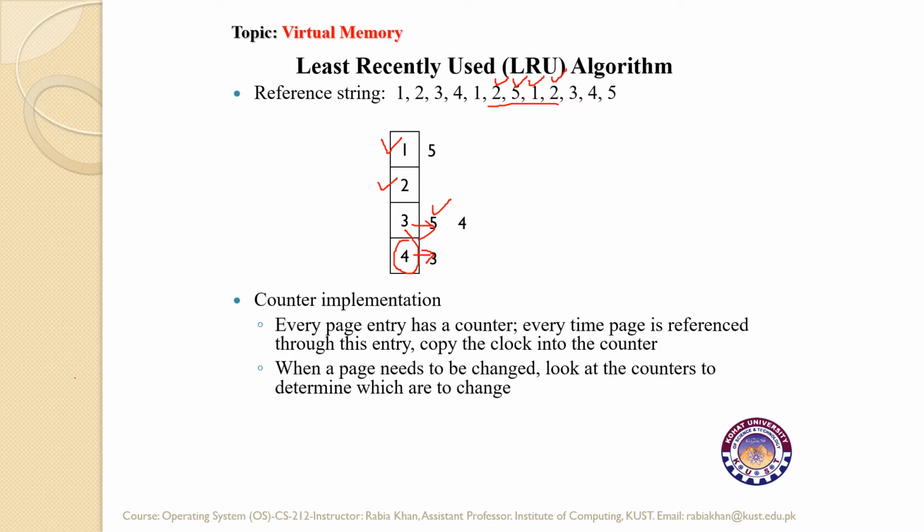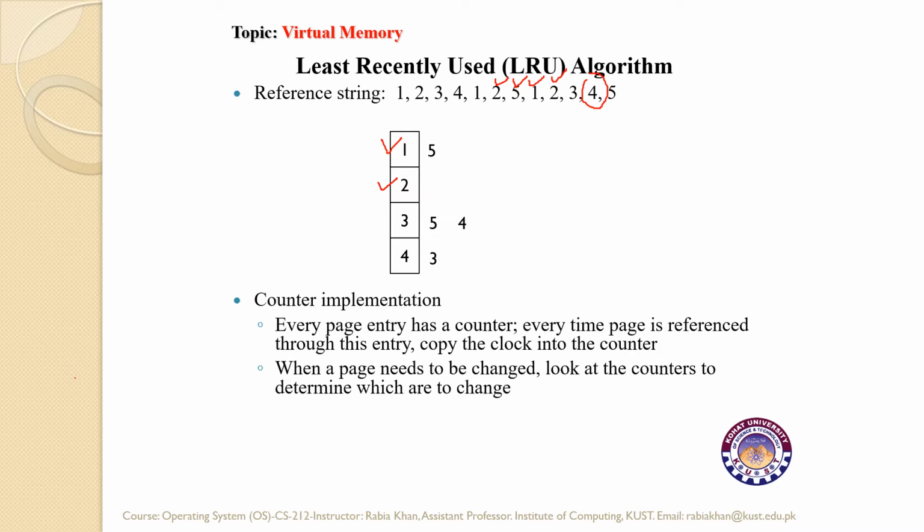Next required page is page number 4. As we have swapped out page number 4, it is required again. So what we have to do is create a look back of 4 pages.